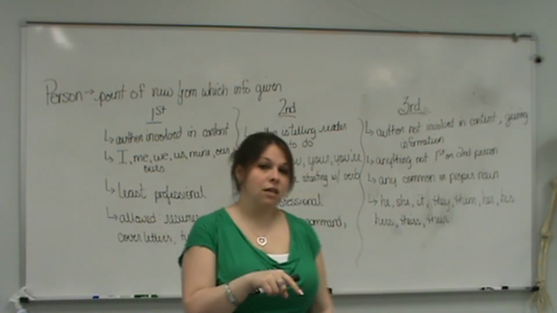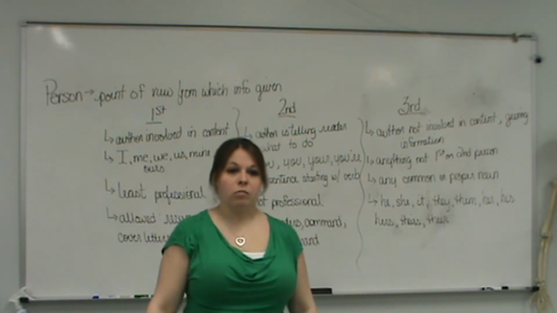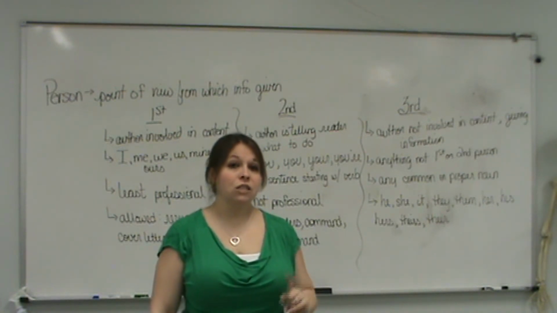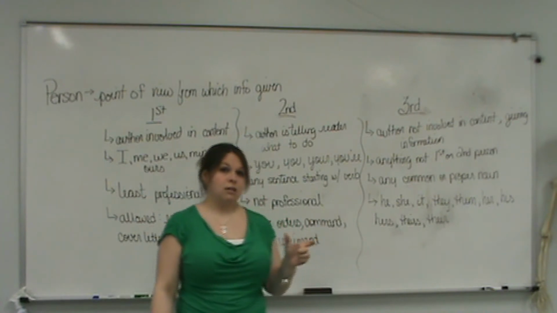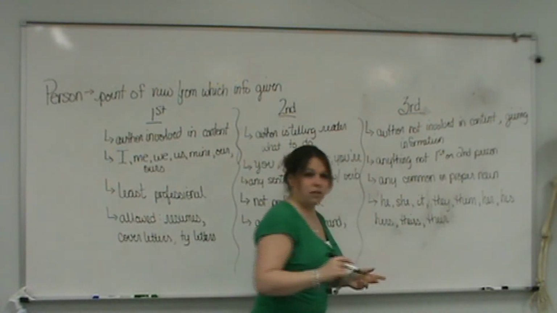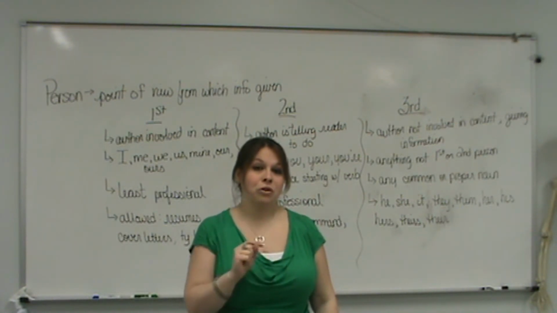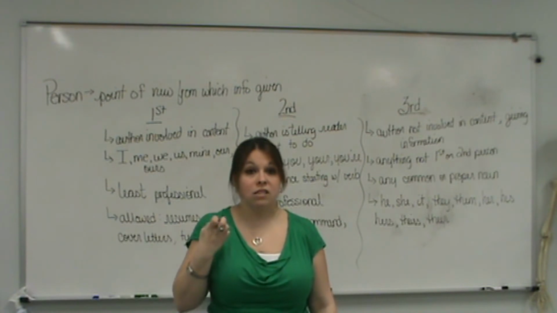So let's go back to the example of take out your books. Let's put that in third person. So what I need to do to convert that sentence from second person to third person, and I'll write it down again. No, I don't really need to. You should have it in your notes. To put that into third person, what I need to do is figure out a subject.